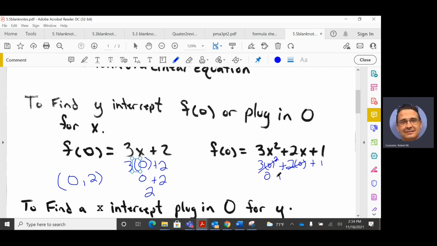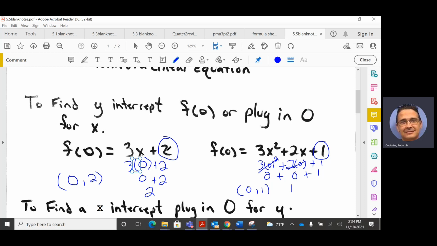This all goes to zeros. And 0 plus 1 is 1. So again, this coordinate, my y-intercept, will be the point (0, 1). Notice that it's the constant. In our equation, our constant is always our intercept, or our c.